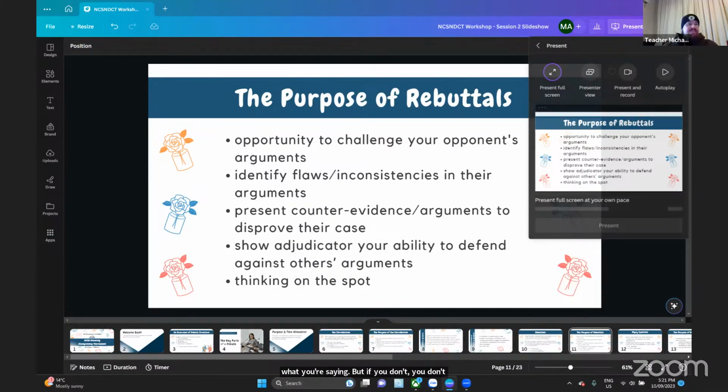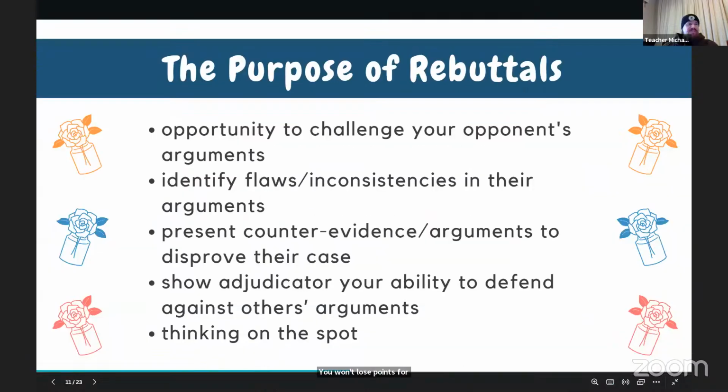You won't lose points for not doing something or for not doing something well. You can only gain points for doing things well. So it won't negatively impact your score if you don't try and challenge and rebut, but your score will be a lot better if you do attempt to, and you have material that can challenge them.